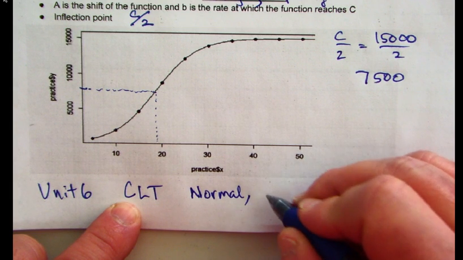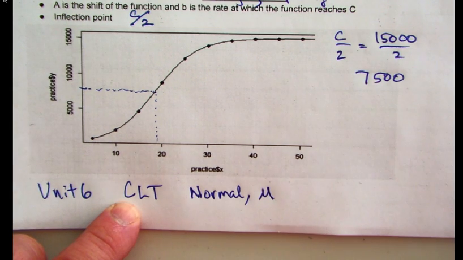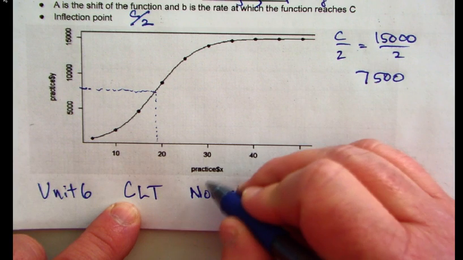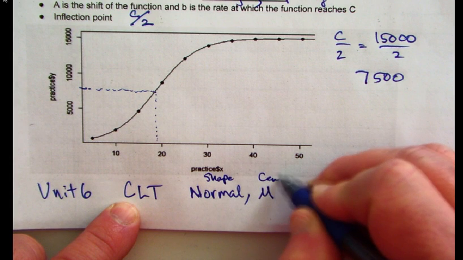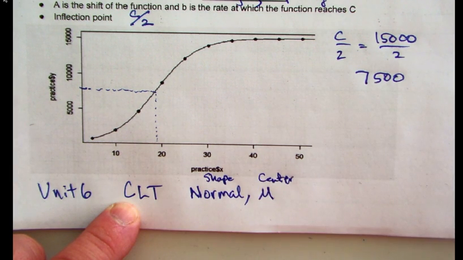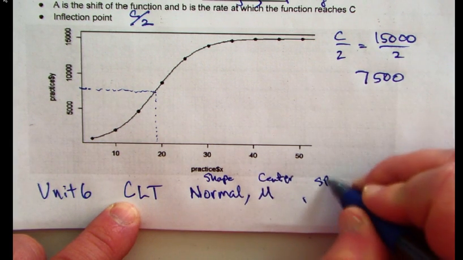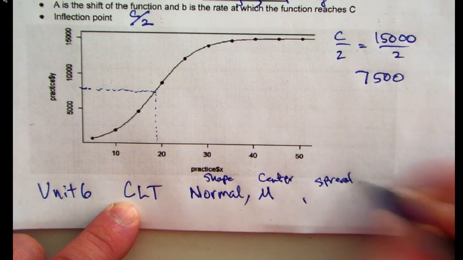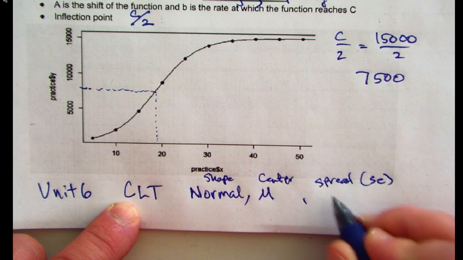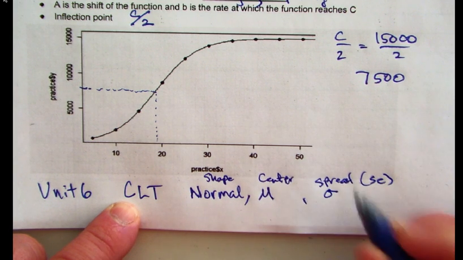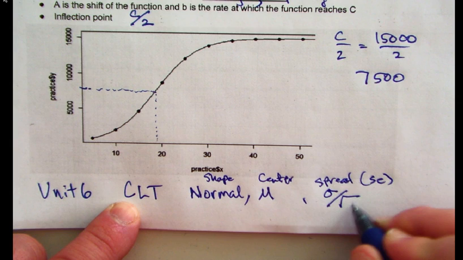The mean should be whatever the mean of the population is. So the shape should be normal. The center should be whatever the mean of the population is. And the spread, which is called the standard error, should be whatever the population standard deviation is over the square root of n.